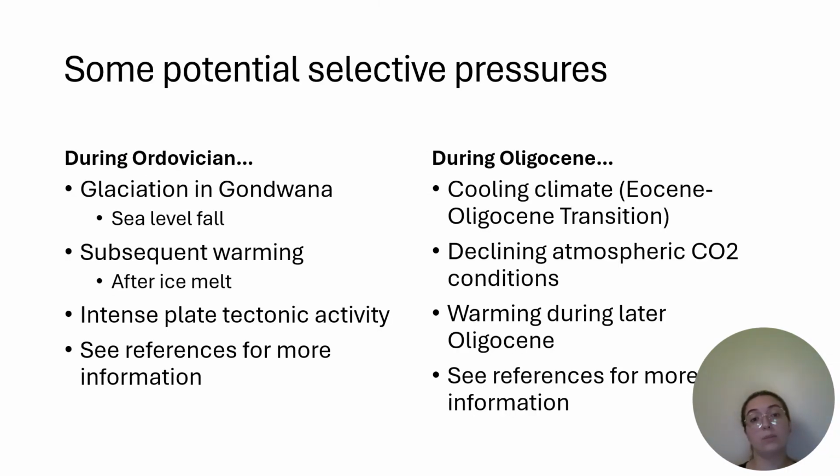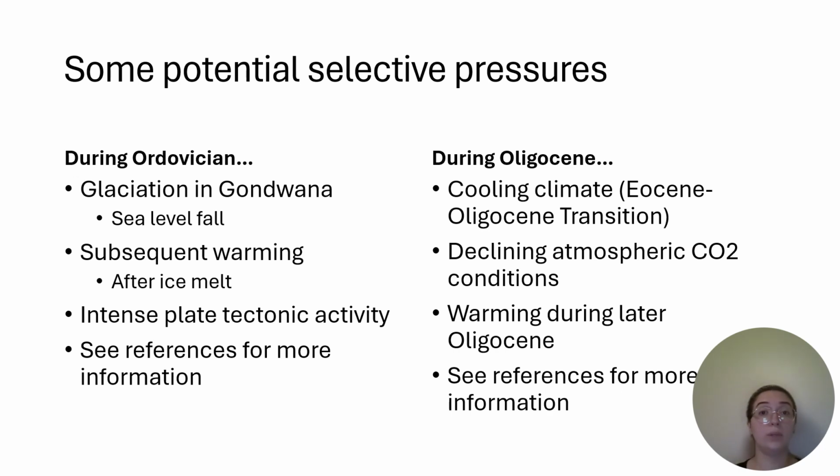So, some potential selective pressures. I included some that might have occurred during the Ordovician and those that occurred during the Oligocene, because the Ordovician is when we saw our first bryozoa, and the Oligocene was when we would see the first modern reef corals. And I would take a few seconds to look over those.